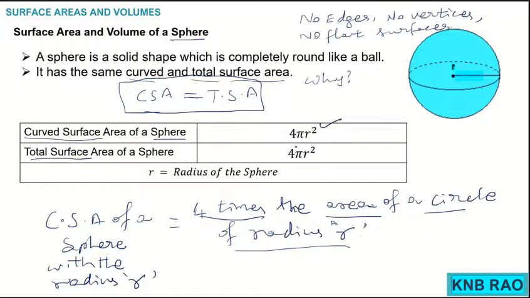Remember, this is what 4 pi r square means. So curved surface area of a sphere with the radius r will be 4 times the area of a circle with the same radius r. Okay, how? Let us look into the video explanation.